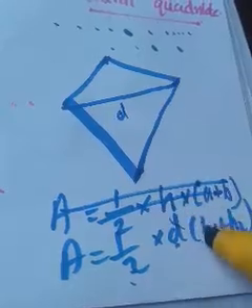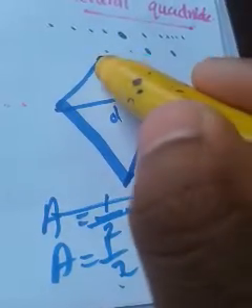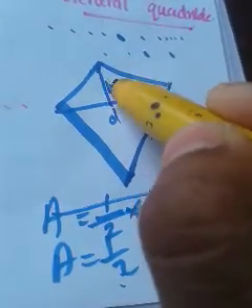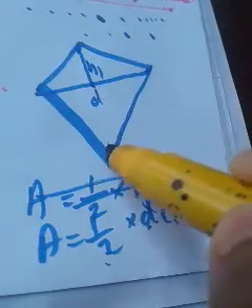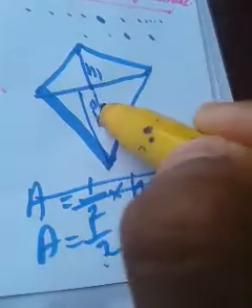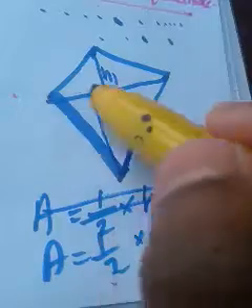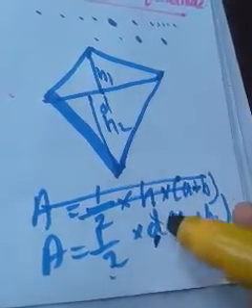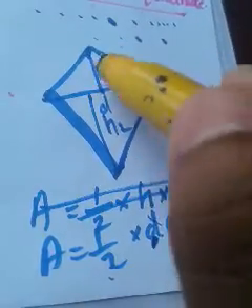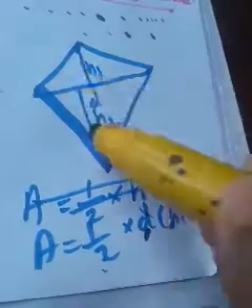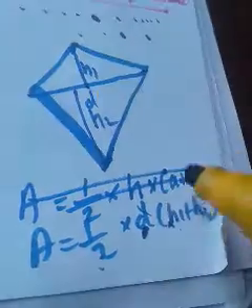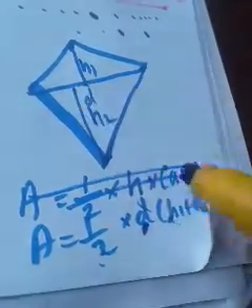And what is this H1? This height is known as H1. And what is this H2? This height is known as H2. So this is your D, and H1 means this one, and H2 means this one. This height is represented by H1 and this height is represented by H2.